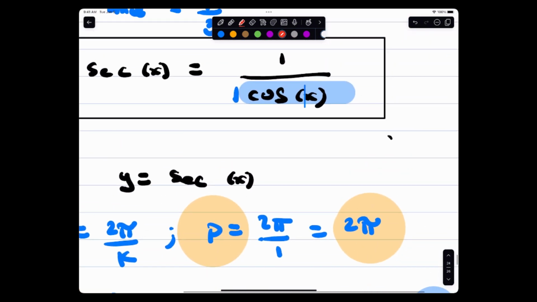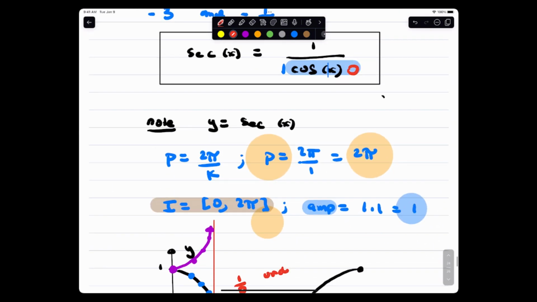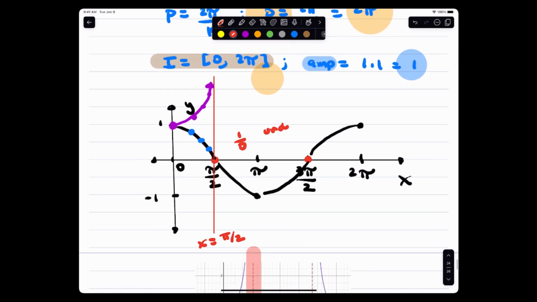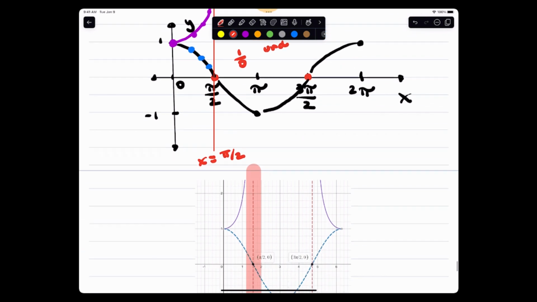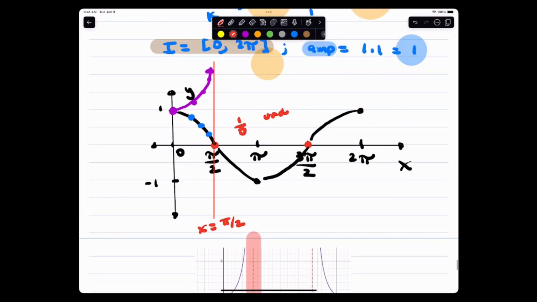Remember, you can't divide by 0. Where is cosine 0? At x is pi over 2. So 1 over 0, that's what I'm saying, is undefined. So that's why you have that vertical asymptote. That's why you see what you see here. Similarly, this maximum value of 1 and these smaller values than 1, you'll have the same situation for secant.